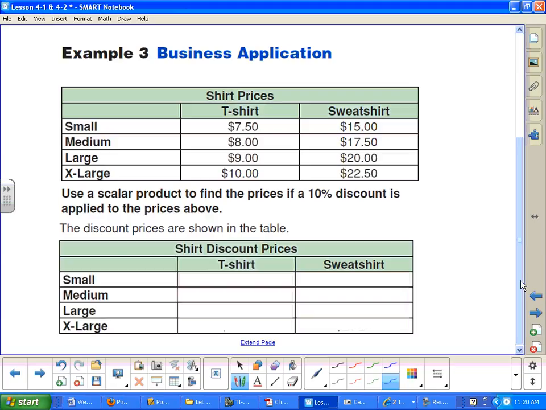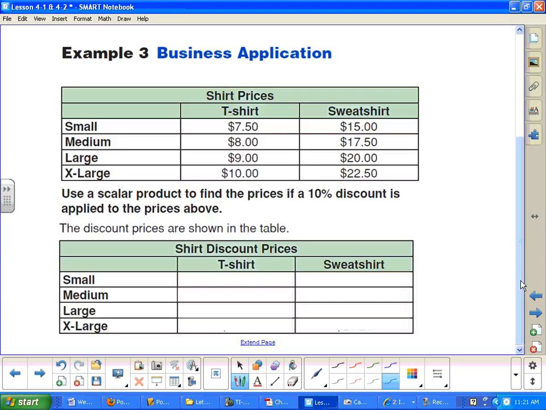Now, if we multiply by 10%, then what do we have to do? Subtract it from the original, right? Is there another, easier way we could do that than multiplying by 0.1 and subtracting? We could multiply by 0.9 and then we don't have to do any subtracting.